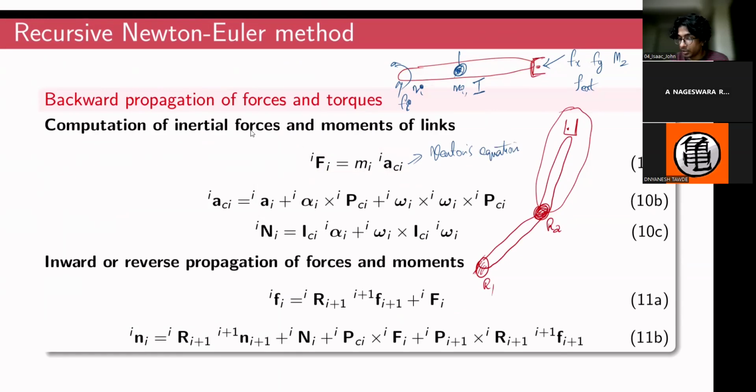For example, the only unknowns would be Fi and Ni, which are the reaction forces and reaction moments acting on this joint. We know the external forces, the forces contributed by the external disturbances, and the only unknowns would be Fi and Ni.